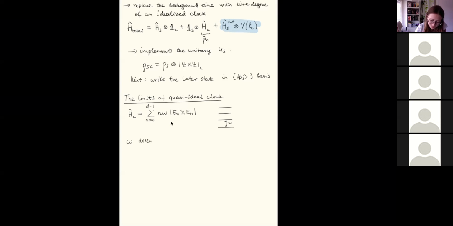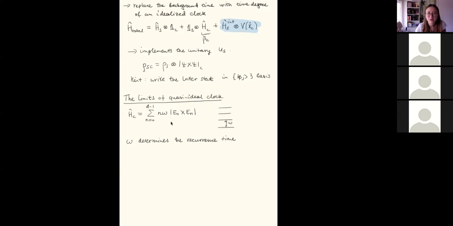First, it determines something called the recurrence time of the clock. What is the recurrence time? It's the time after which the state of the clock comes back to its initial state. T0 is actually 2 pi over omega.